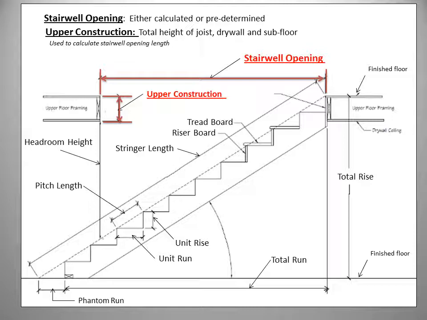That thickness would include not only the joists of the upper floor framing, but also drywall, subfloor, finished flooring materials, and any other trim that would block or be around the stairwell opening to impede in the headroom height.